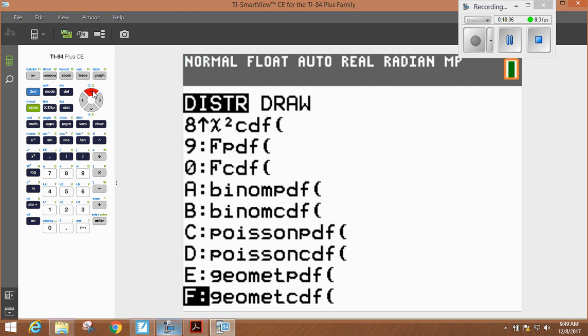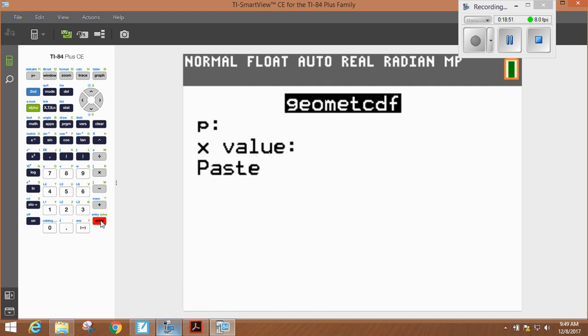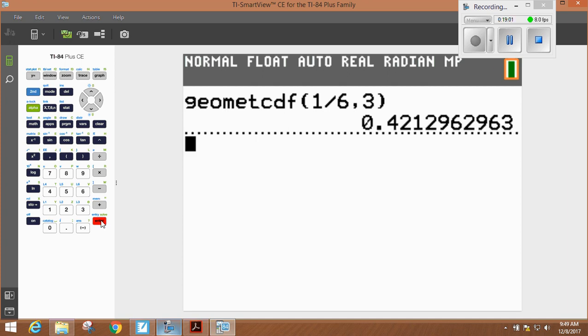So we could have calculated Y equals 3 with our geometric PDF, and we can also do less than or equal to 3 with our geometric CDF, where p is 1/6 and our x value is 3, and we get 0.421.